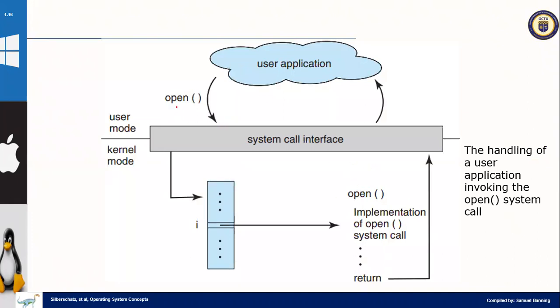Therefore, with the help of your system call interface, your application can execute the various system calls. Once again, remember, once you execute this system call, your operating system switches from the user mode to the kernel mode to actually invoke these system call functions, because these are privileged instructions.